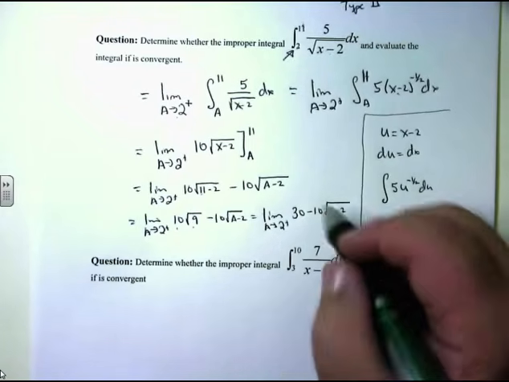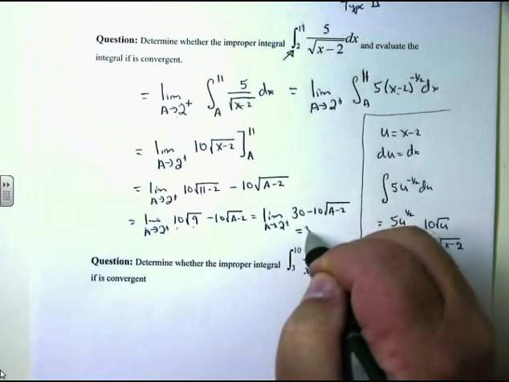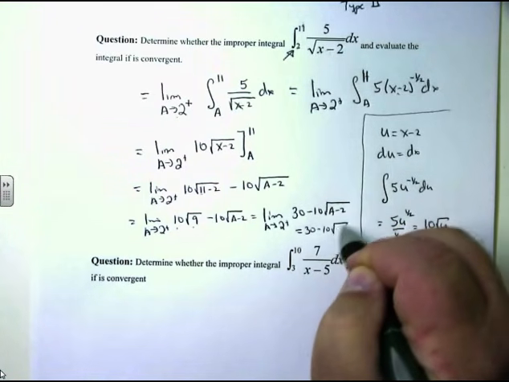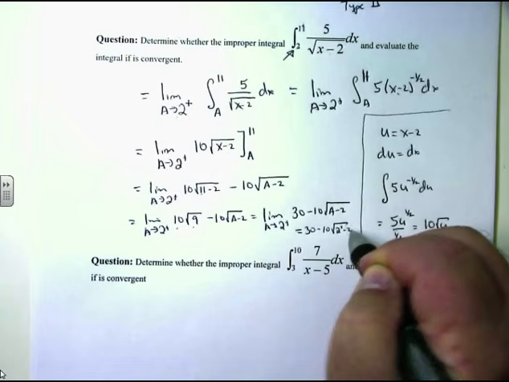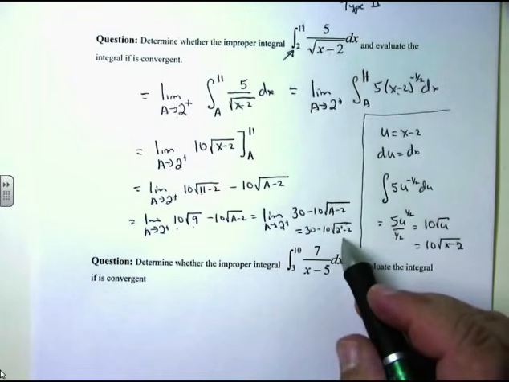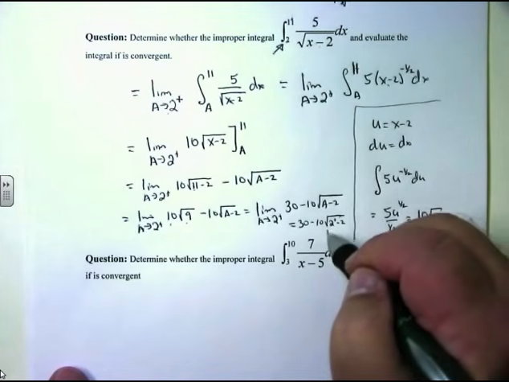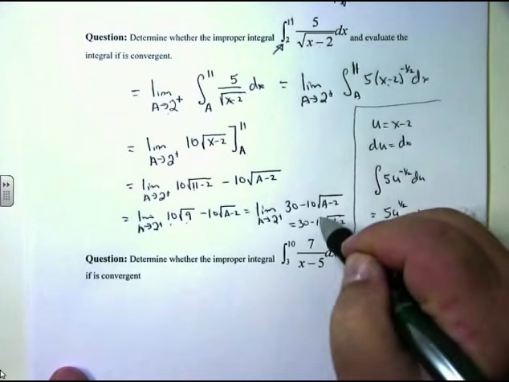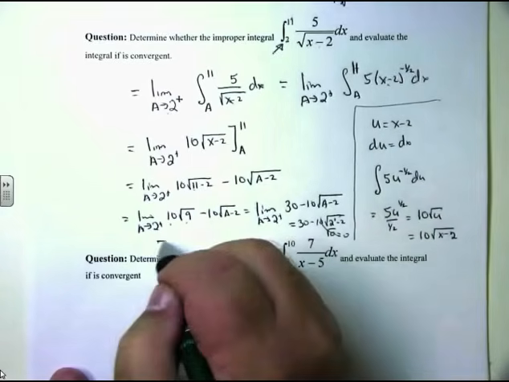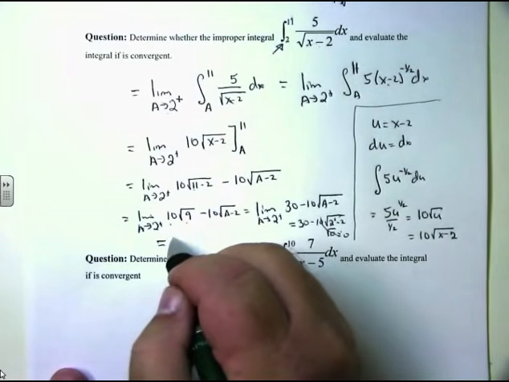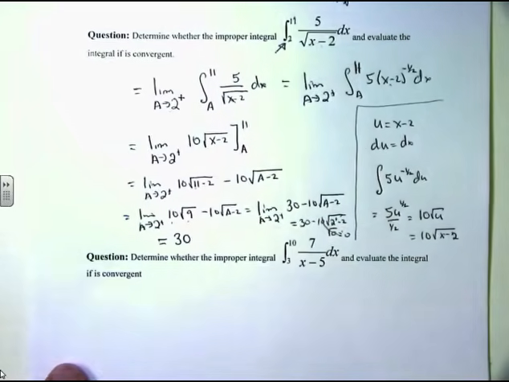So when I plug in a number, this will give me 30 minus 10 square root of 2 on the plus side minus 2. 2 on the plus side minus 2 is 0. And the square root of 0 is 0. So this whole term cancels. So you're left with 30 minus 0, which is equal to 30.